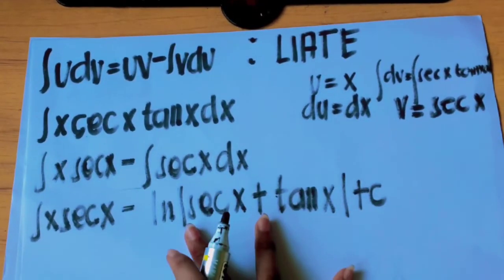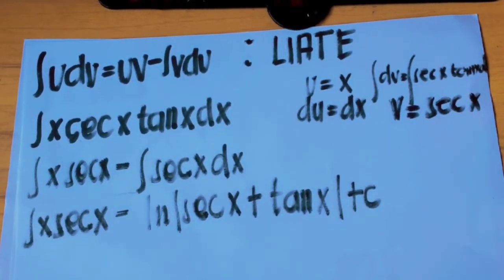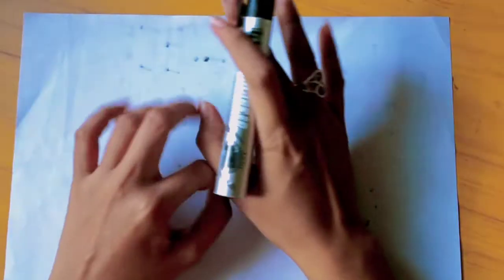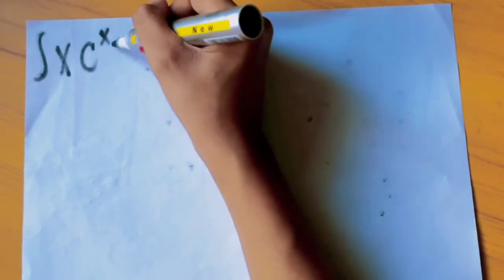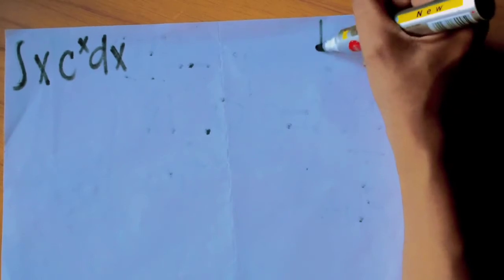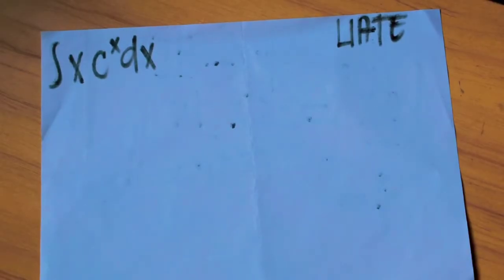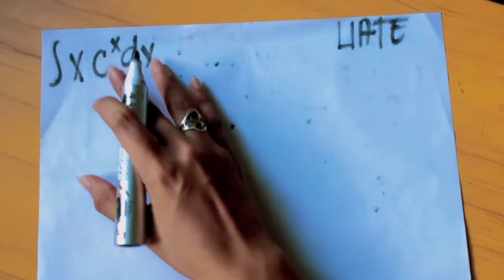Ganyan lang po. Let's have another example po. Another example is we have integral of x e raised to x dx. Let's copy the LIATE. What is the u and dv of the rule of integration here?